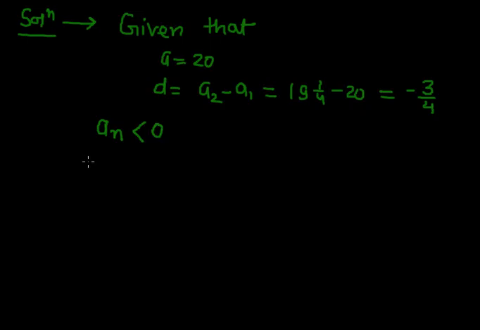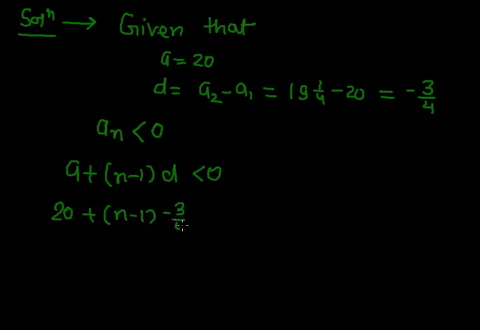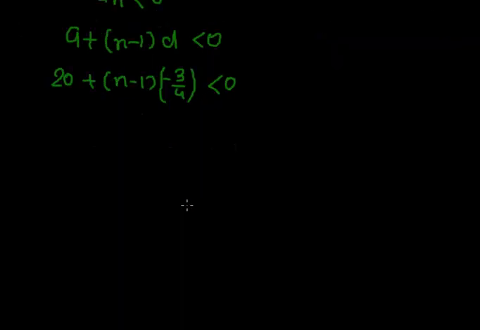Now the formula of a n says a plus n minus 1 into d should be less than 0. The value of a is 20. I'm putting the values of a and d in the above expression. We have 20 plus (n minus 1) whole multiplied by minus 3/4 should be less than 0.